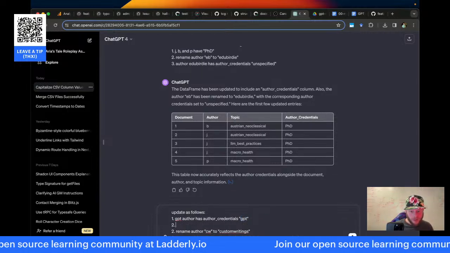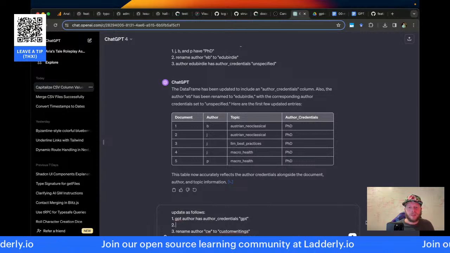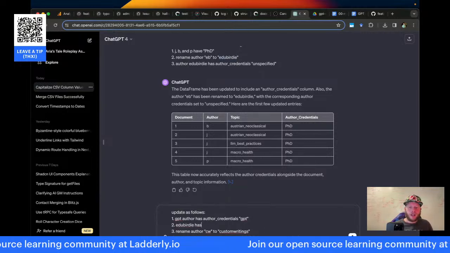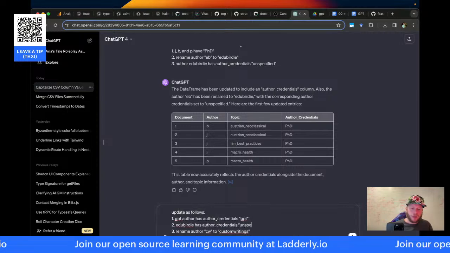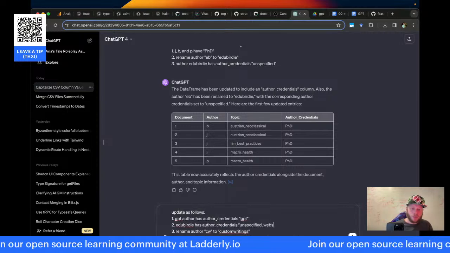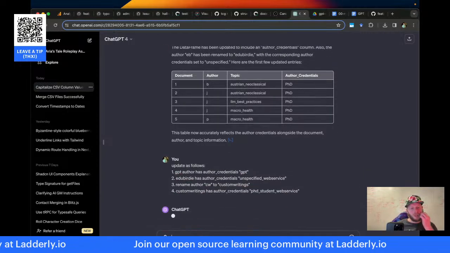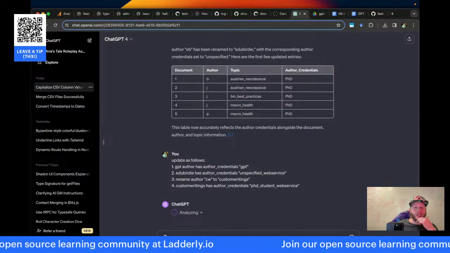Let's go ahead and keep those distinct, actually. GPT has author credentials GPT. EduBirdie has author credentials unspecified web service. That way we can distinguish the ones that are paid.